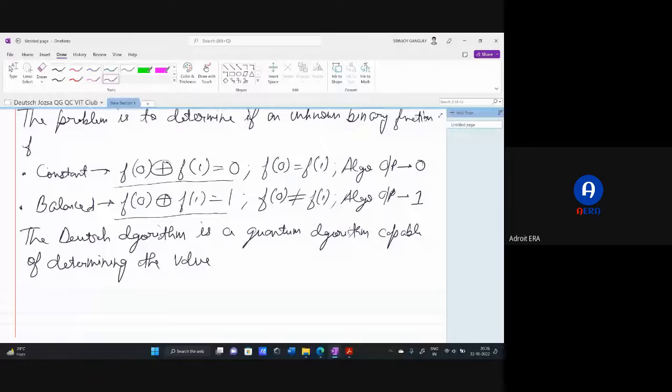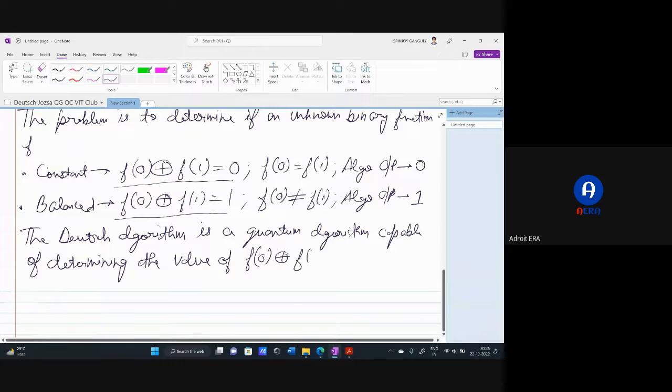So it is a shortcut way of determining the value of f0 XORed with f1 by making, and this is important, only a single query to the oracle.